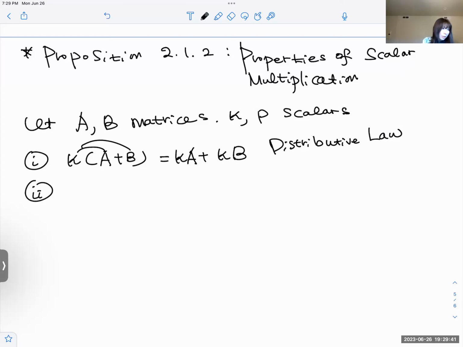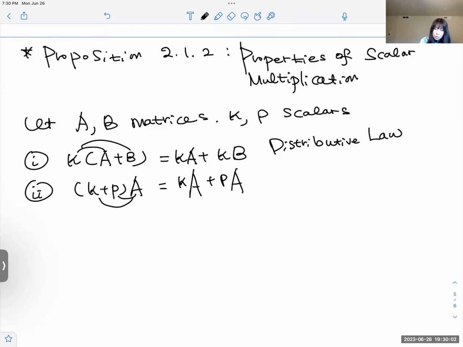And the second one, we have scalar k plus p times matrix A. Then also we can distribute, right? So we have kA plus pA.